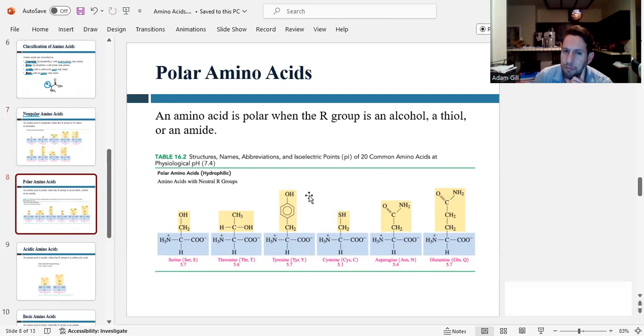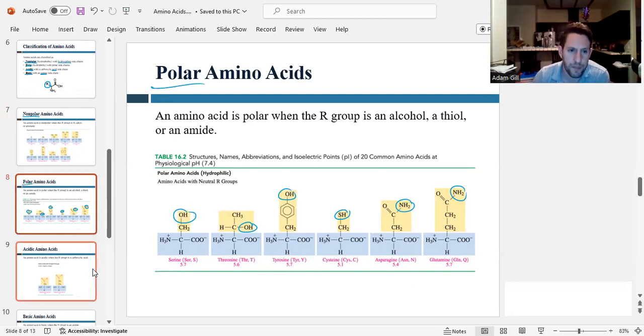All of these are polar side chains, right? The OH, the OH, the OH, the SH, the NH2, the NH2. All of these groups can form hydrogen bonds, except for the thiol, but we'll understand why in a later video, why this one's considered polar. But the important part is there's something electronegative in the side chain that makes it polar.